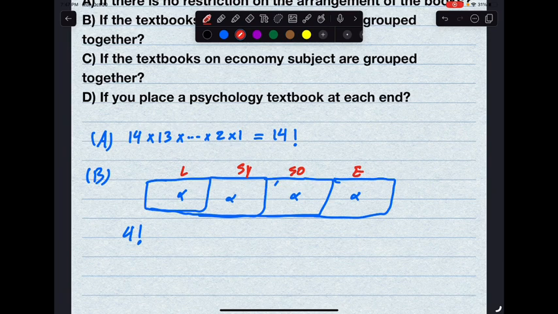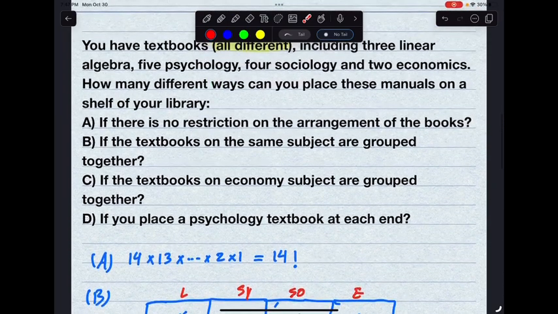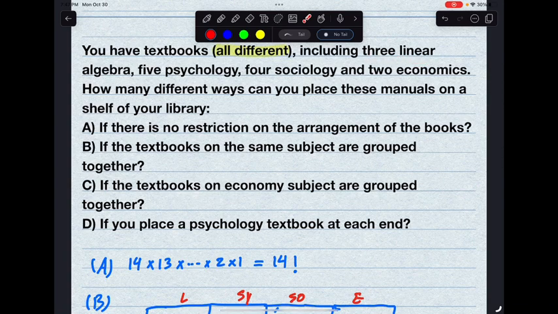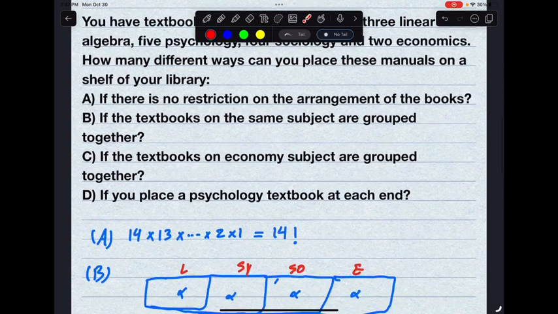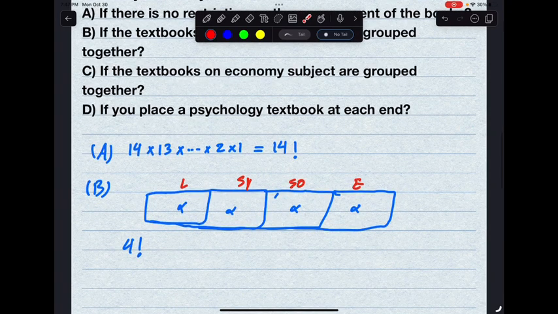Now let's say for one of them, for these linear algebra books, we know the linear algebra books are placed here, but there are 3 different linear algebra books. The books are different, so that means we have times 3 factorial for how we can place these 3 linear algebra books here.